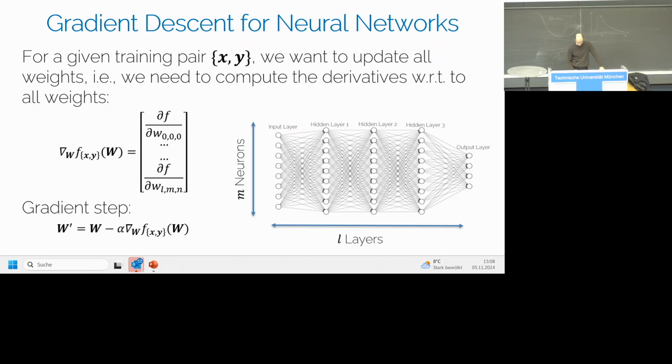So it will contain the derivative of my loss, or of my loss in general, with respect to all the unknown weights, from 0, 0, 0 to L, M, N, where L is the number of the layer, M is the neuron in this layer, and N refers to the input that it gets from whatever previous layer. Right? So the number of N depends on how many neurons you had in the previous layer.